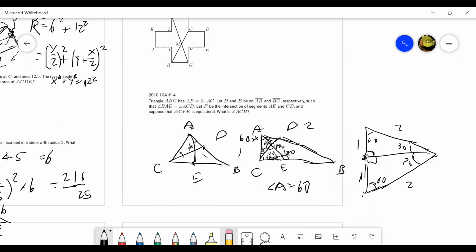So this side length AB equals 2 times AC doesn't seem very useful at first, since you don't know any of the other side lengths. But eventually it does become useful. So for these problems, make sure you keep track of what you're given and see if there's anything you didn't use, since you'll probably need it eventually. All right, so those are my main takeaways for this problem.